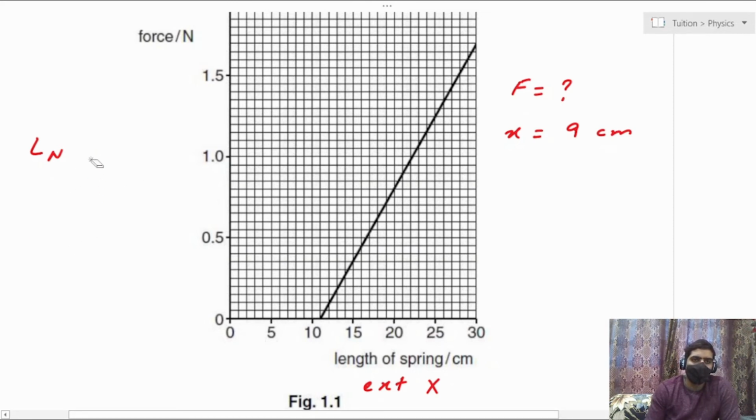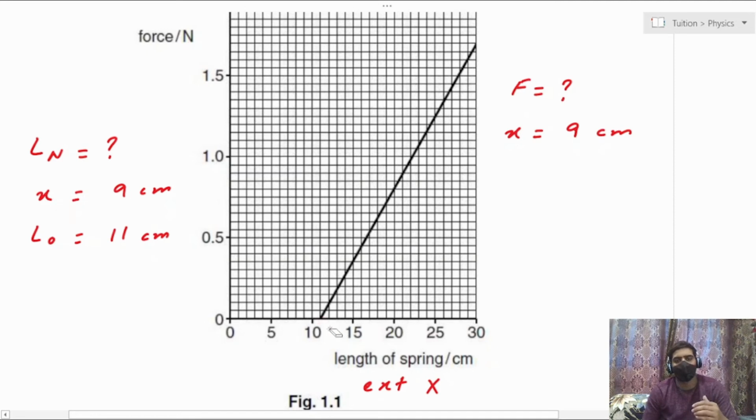What I know is the original length of the spring was 11 centimeters. I already told you, we get from the point here that the original length of the spring is 11 centimeters, because this is the point where no force was being applied on the spring.